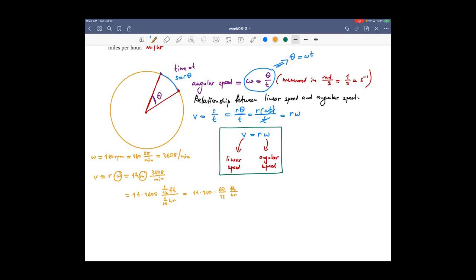And now we need to translate feet into miles. This is 5, and 5 times 14 is 70. So 70 times 360 pi feet per hour.